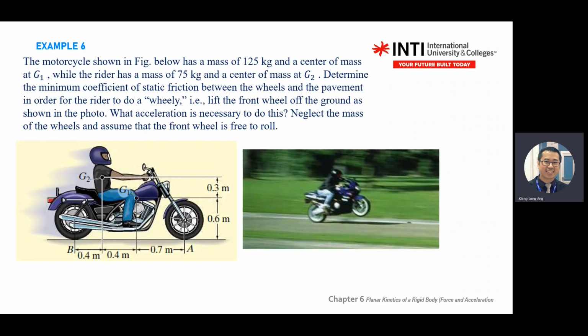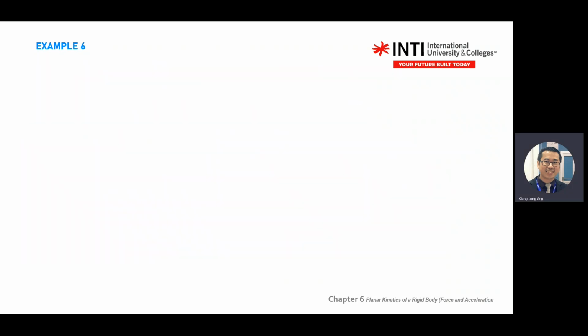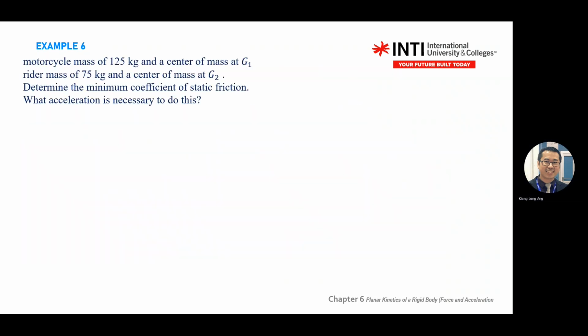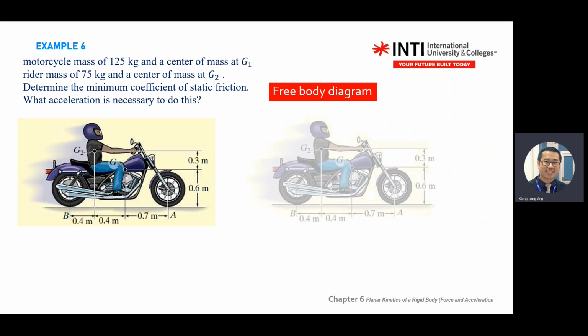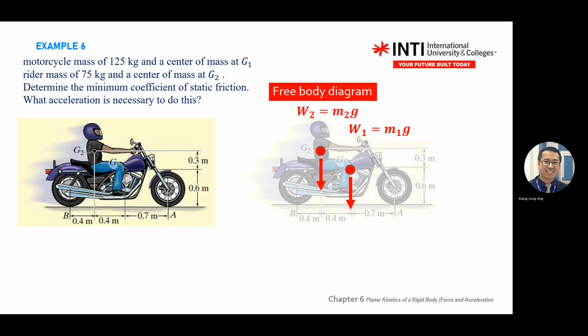So how do you draw the free body diagram? What do you draw first? What force do you put in first? Weight. Again, weight is at the center of mass. Second one, rider weight.